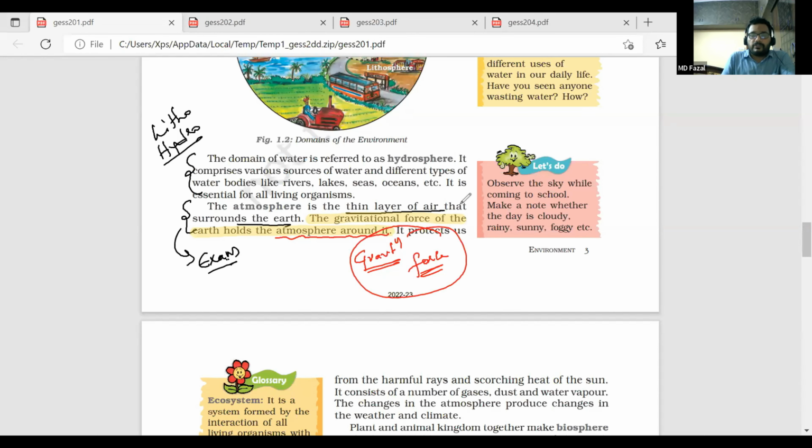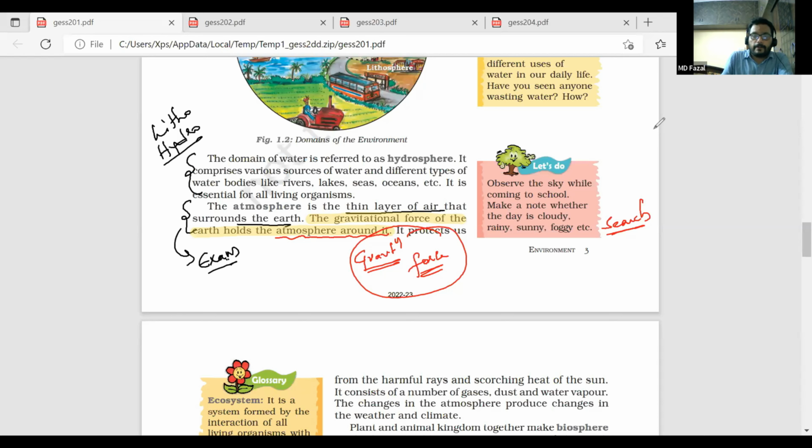See, you have to search for such bits and highlight them, and make sure that you memorize such things or try to understand them. It is not that the atmosphere has just been placed there. Definitely the atmosphere has a functional role, but it stays compact because of the energetic force acting on it, which is called the gravitational force.